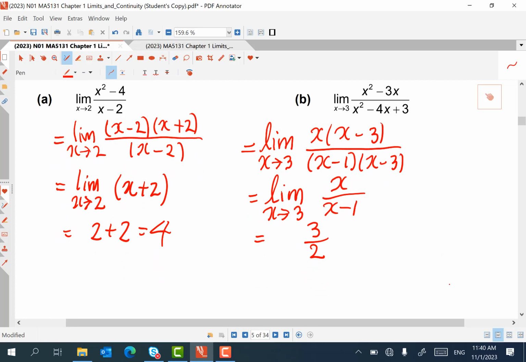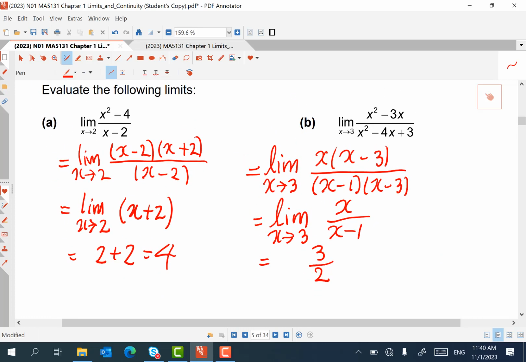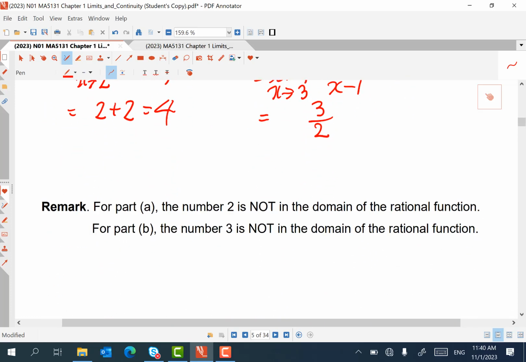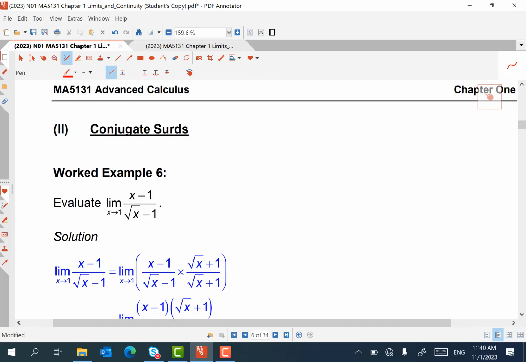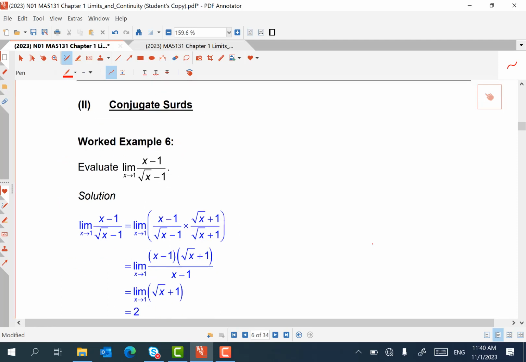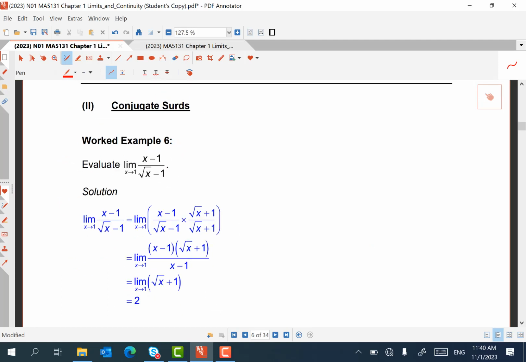I'm almost sure that all of you actually got it correct. Okay, in the case of example 6, you would have read the example and realized that to eradicate the so-called indeterminate form in the fraction, one way is to do it like this.